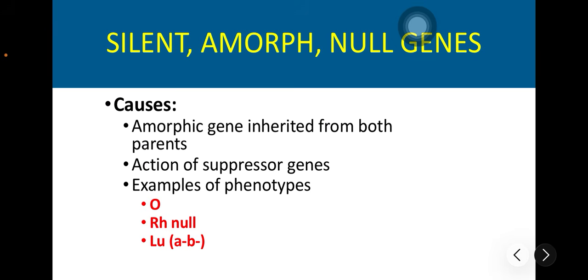We also have the small se gene, the secretor status. The small se gene is a silent allele at the secretor locus. So if you're homozygous small se, then you are a non-secretor and will not have soluble A, B, or H antigens in your saliva or other body fluids.